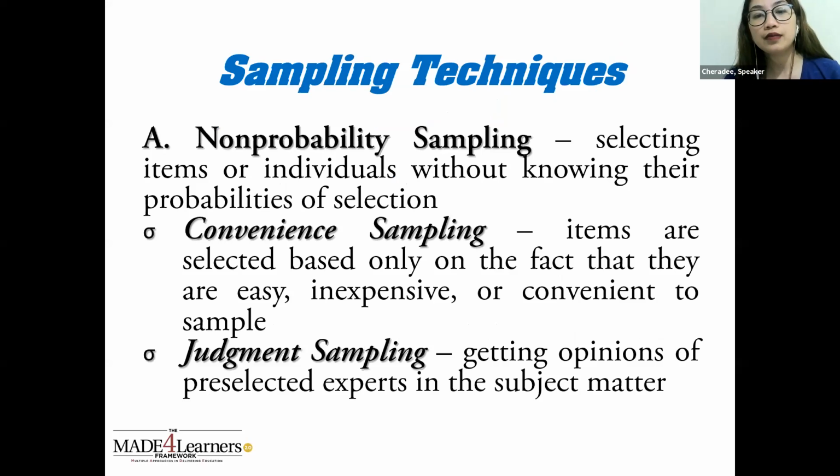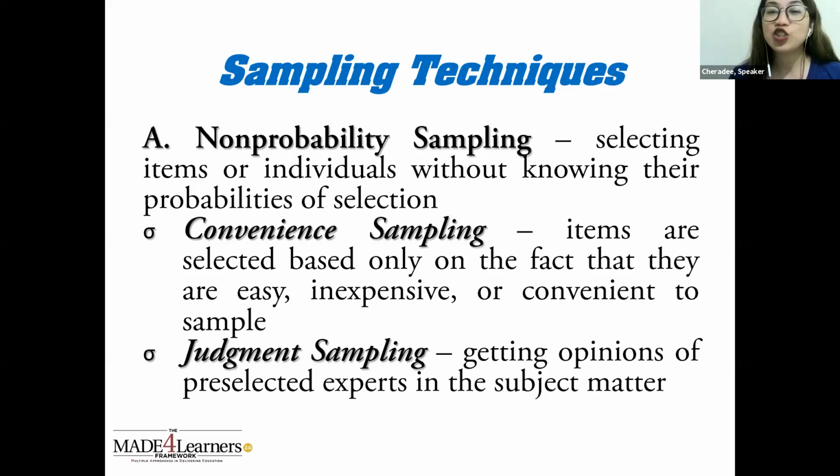Okay. Now, in sampling techniques, this is also a way of answering the question a while ago about how do we sample. Okay, there are actually a lot of ways to do sampling. Now the easiest ones are these two, because they are non-probability, meaning you don't do any quantitative measure in order to do sampling.